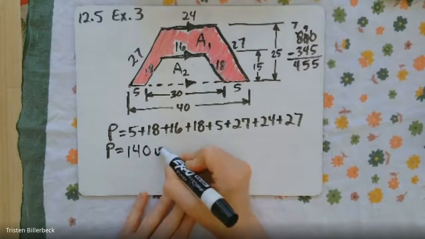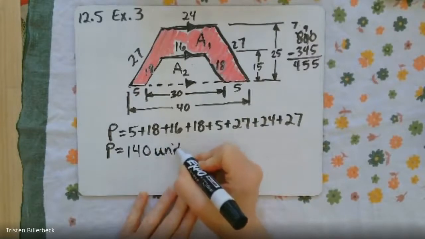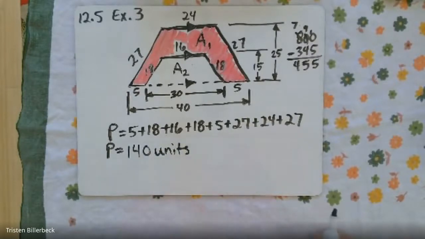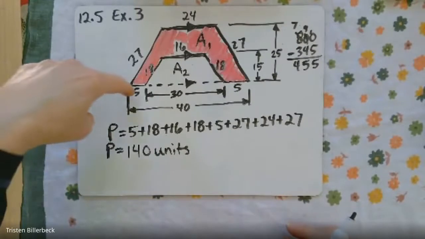So we have 140 units. Now with perimeter, we're only doing units. Okay, so that would be how you get the perimeter.